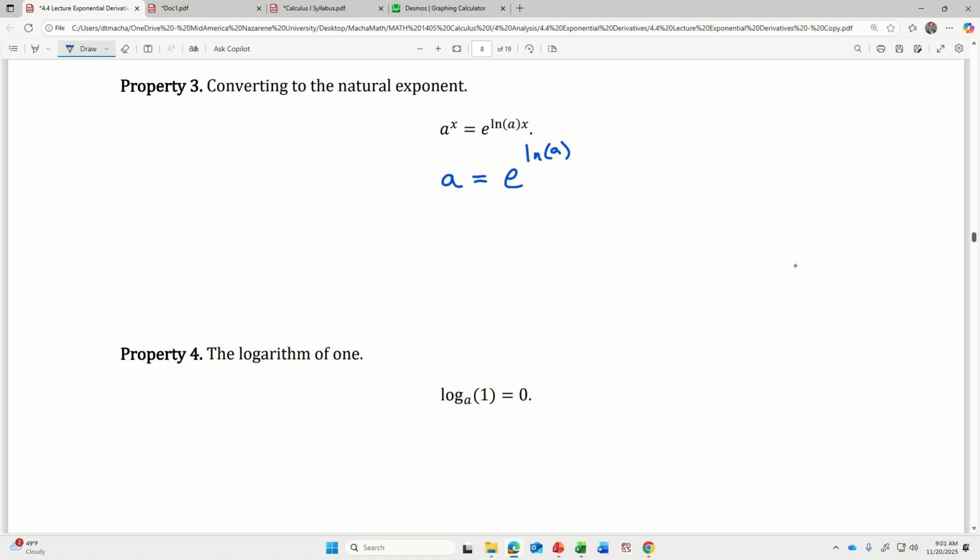And what I should have also defined already is that the natural logarithm is the logarithm base e.